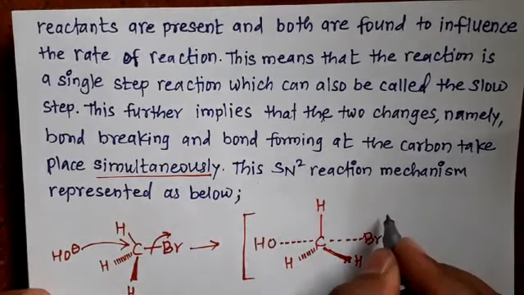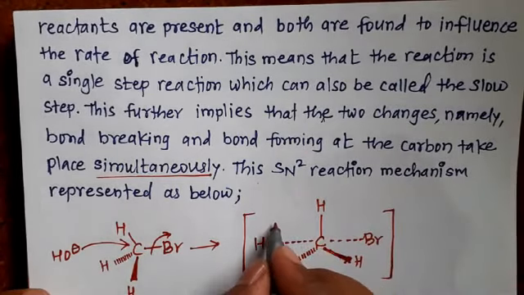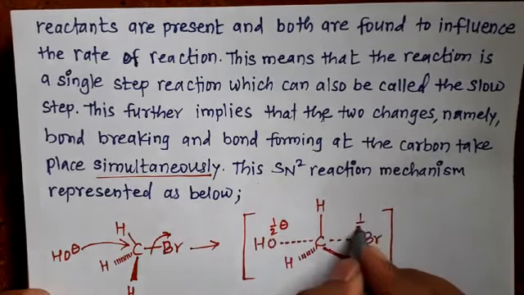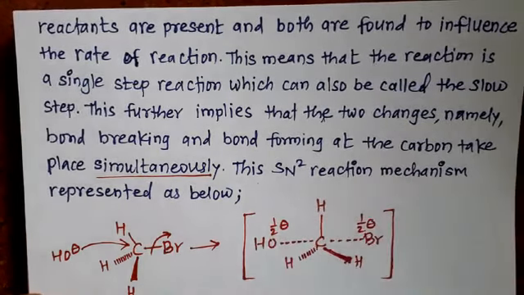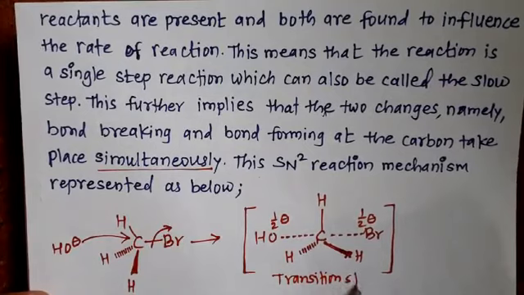Here this OH carries a half negative charge, and this Br also carries a half negative charge, and it is called the transition state, or TS.